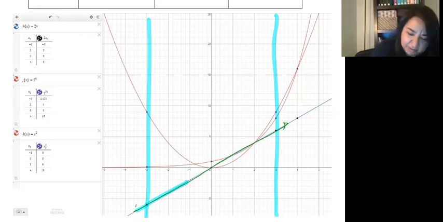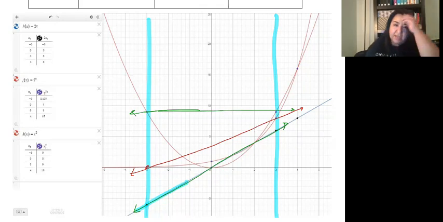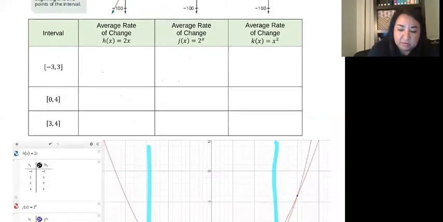Then if I look here at the exponential, then that line is here. And then when I get over here to the quadratic, oh no, we got another horizontal line between that interval. So I can probably already see which has the steeper slope or the average rate of change, but I can also do that mathematically and calculate.